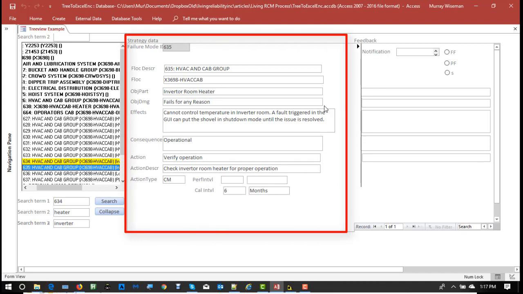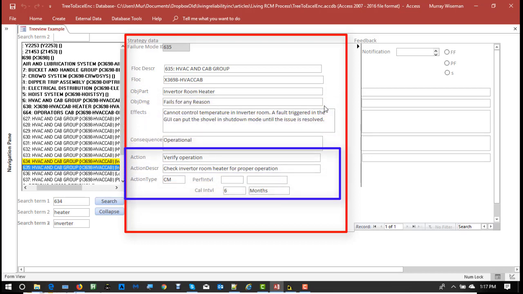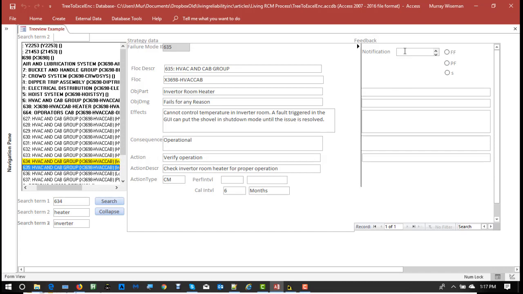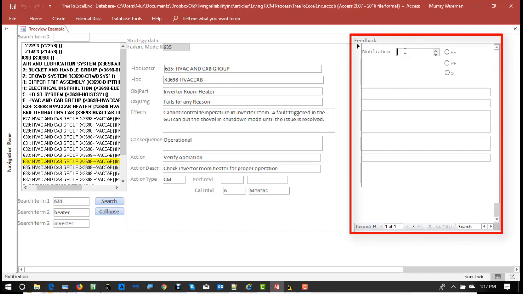This is key because the technician assures himself, in the light of the revealed object part, object damage, failure effects, and strategy, that the selected node precisely represents the failure mode he has observed and whose occurrence he wants to accurately record. He does so in the rightmost frame.